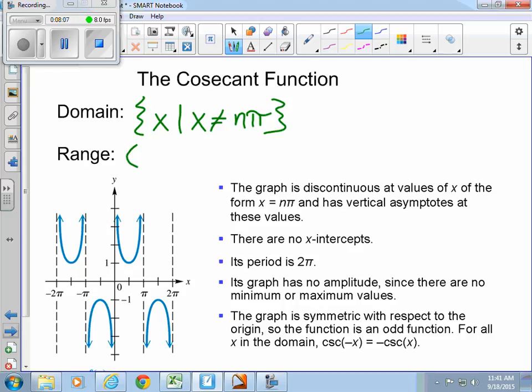I'll use interval notation if I'm doing a lot of points. Lowest y value, negative infinity. So the range is everything except the values between -1 and 1. Any questions about the domain of range?